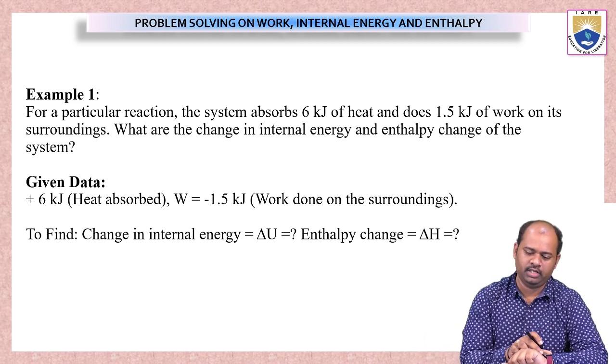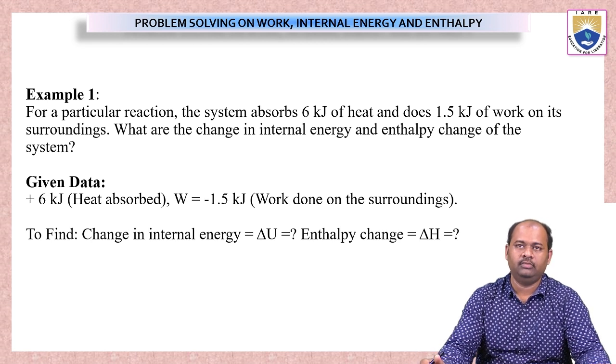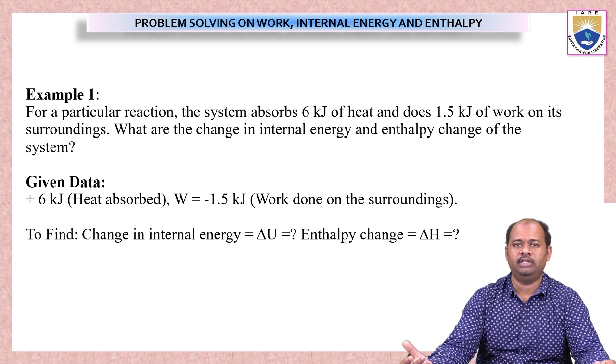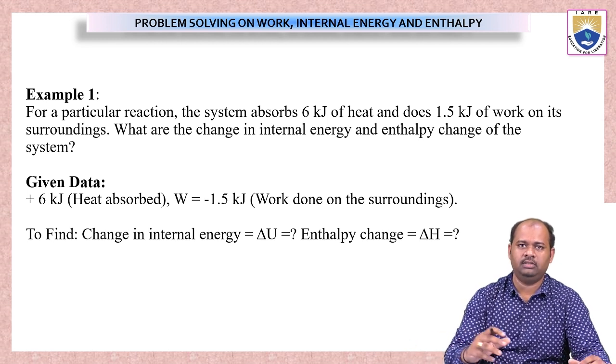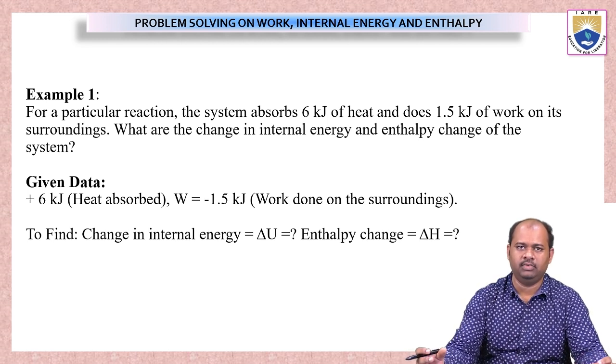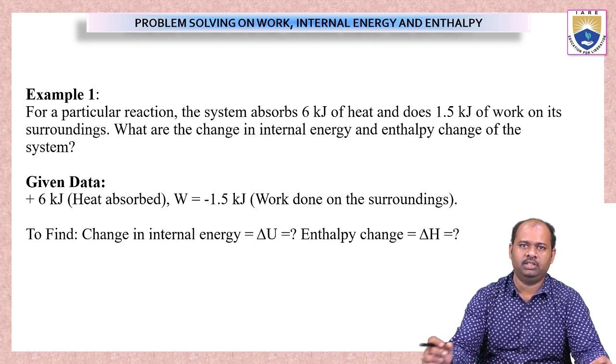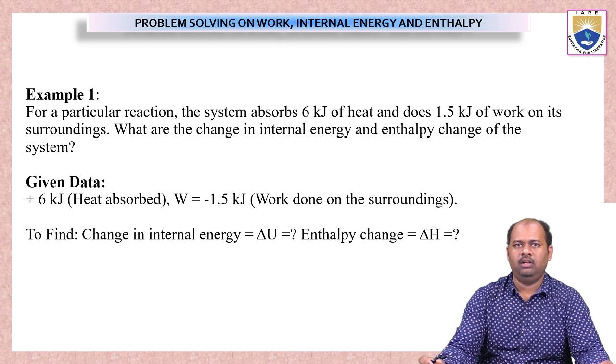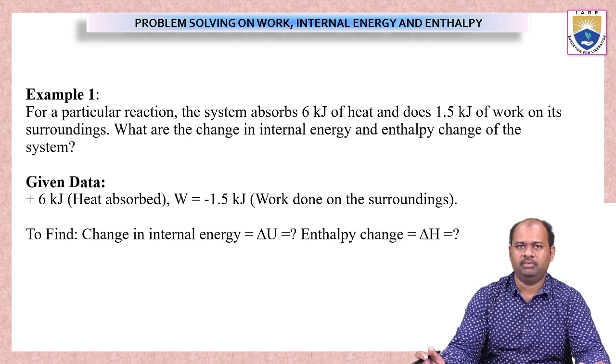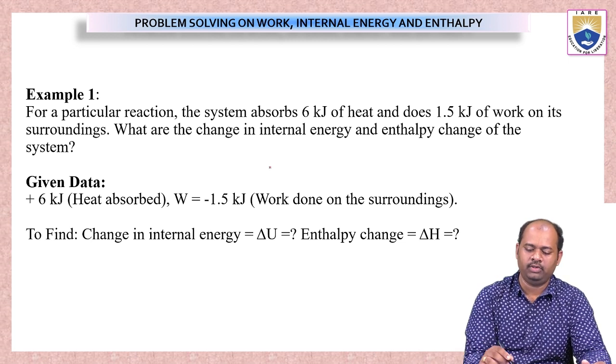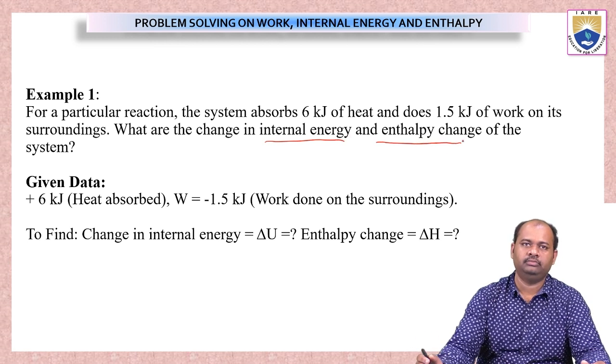The work is taken out of the system and heat is added to the system, that is 6 kilojoules. Now what are the change in the internal energy and enthalpy change of the system? So we have to calculate the internal energy and enthalpy.